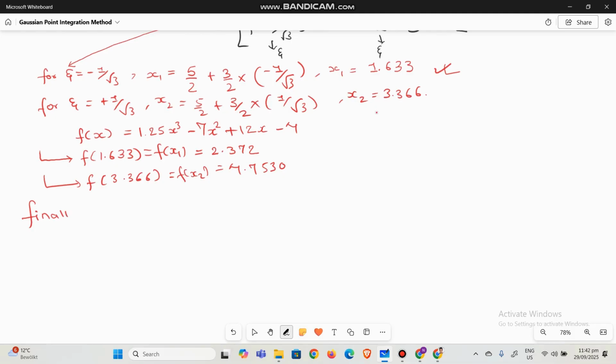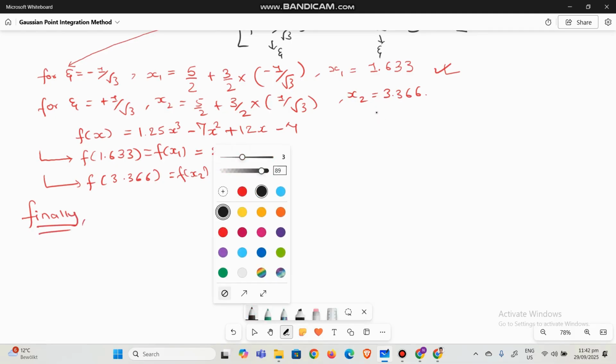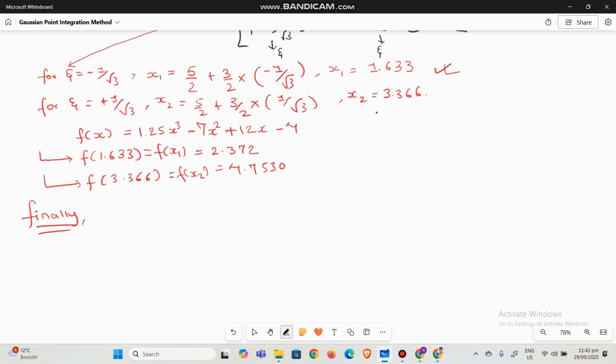Finally, let's find the integration value. The integration value equals the weight 1, which was 1, times the value of fx1, which we got as 2.372, plus weight 2 times fx2, which was 4.7530.